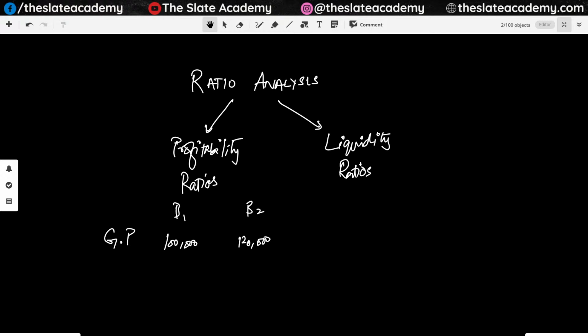For the first business, the gross profit is 100,000 over 150,000 into 100. And for the second one, gross profit is 120,000 divided by revenue of 200,000 multiplied by 100.